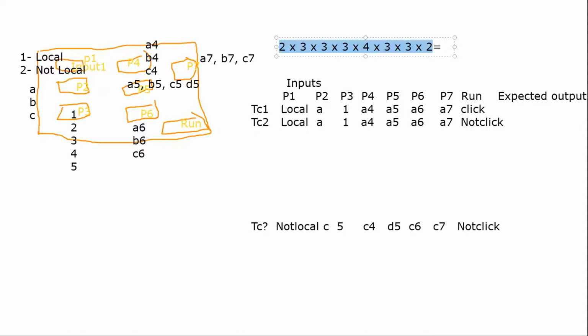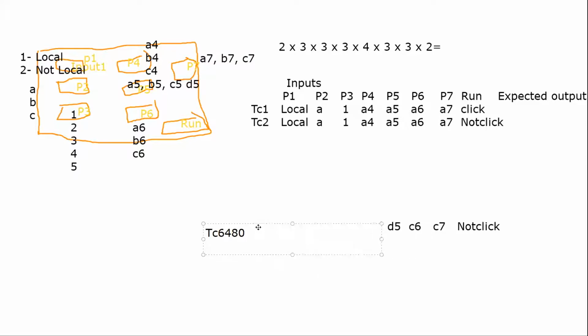You just times 2, times 3, times 3, times 3. Okay, so the total is 6,480. So the ID for this one is test case ID 6,480.